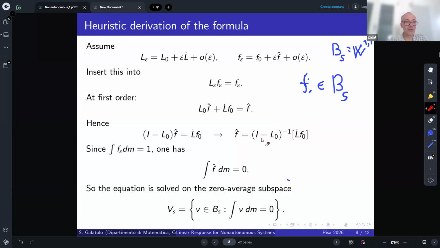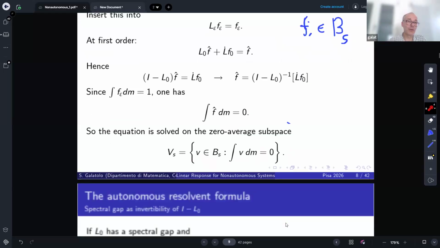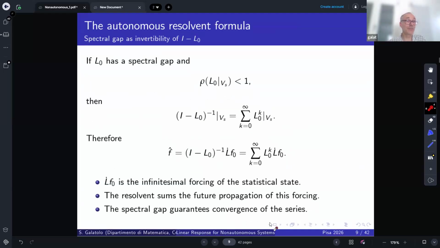I mean, it's normal to expect that the resolvent can be defined in a kind of zero average space, and in particular defined on the strong zero average space, which is the space of the measure or densities in the strong space with zero average, because in many systems like expanding maps, there is a machinery to prove that there is spectral gap.